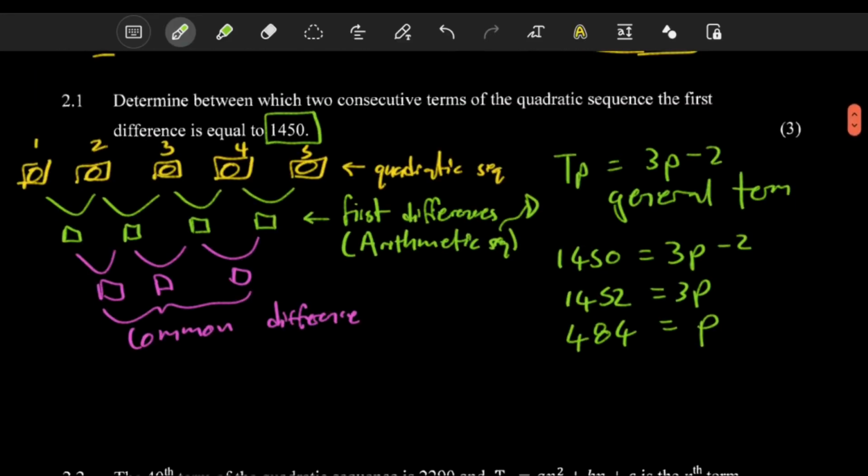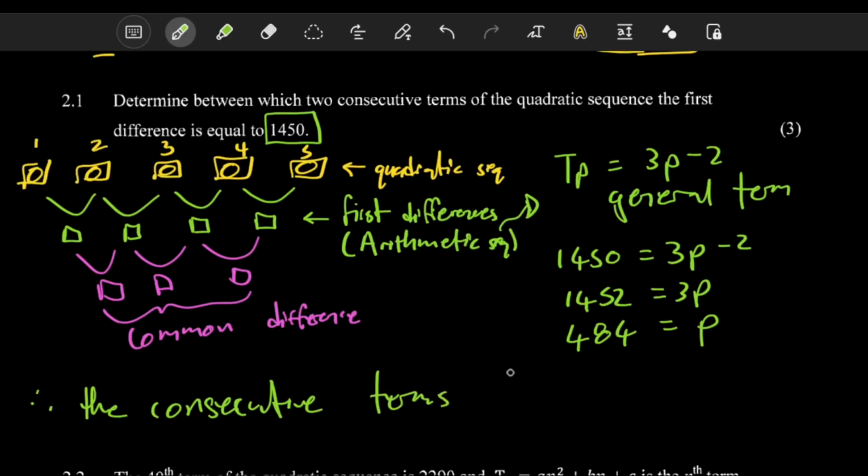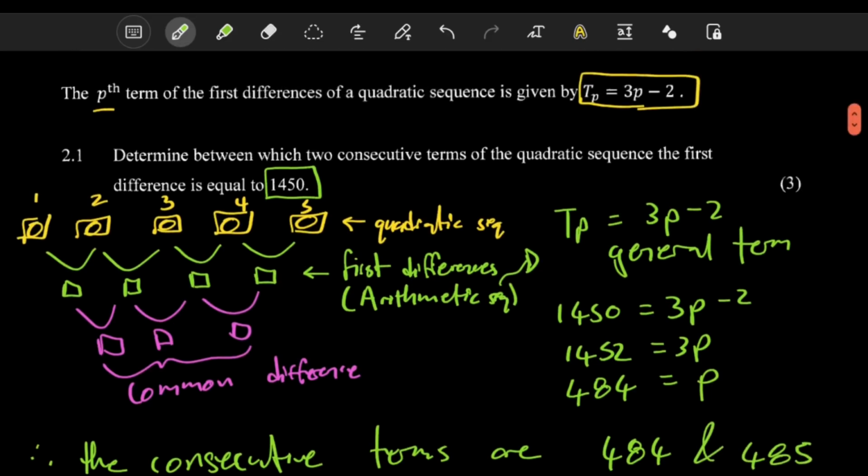So to answer the question, we can say therefore the consecutive terms are 484 and 485.